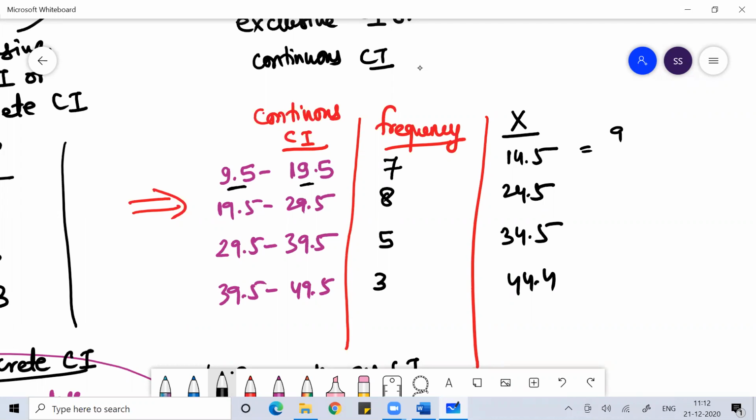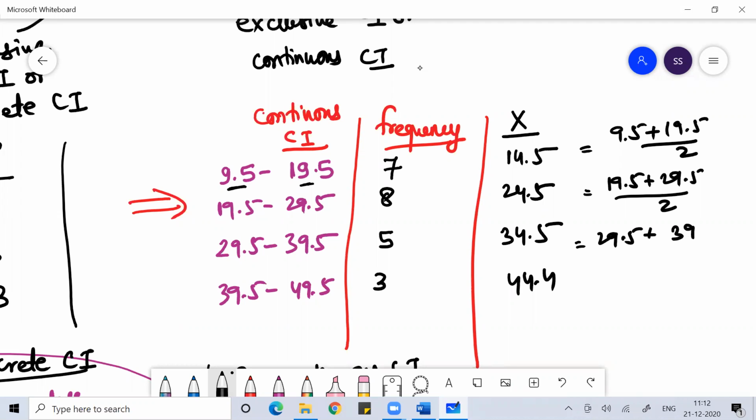This is nothing but 9.5 plus 19.5 divided by 2. This is 19.5 plus 29.5 divided by 2. This is 29.5 plus 39.5 divided by 2. This is 39.5 plus 49.5 divided by 2. Any doubt, anyone?